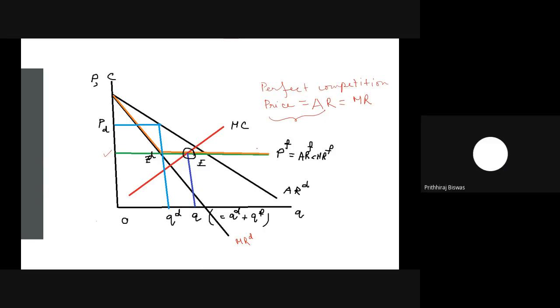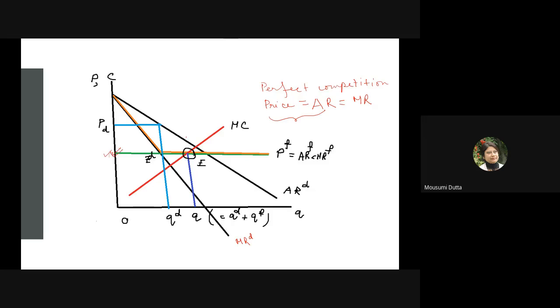Yes, ma'am. Okay. So once we understand this, the next task will be to add the two MR curves. Now for the second MR curve, this is the starting point.